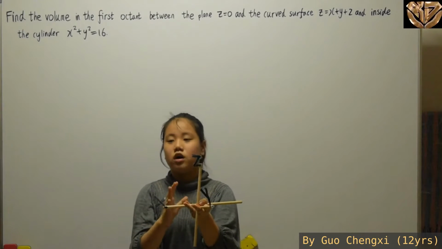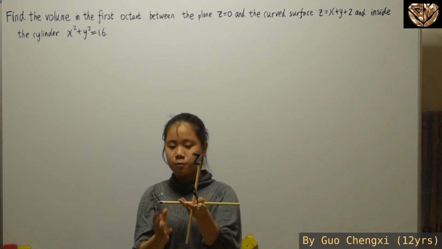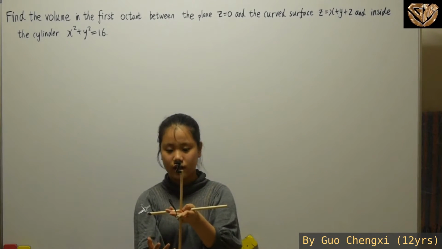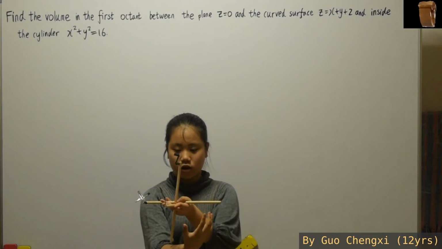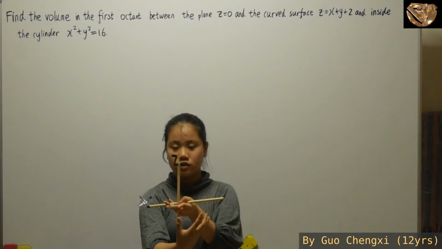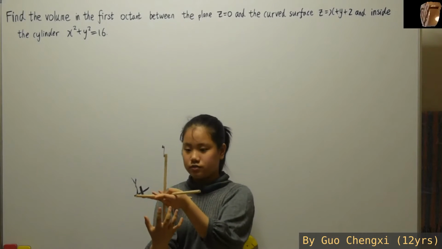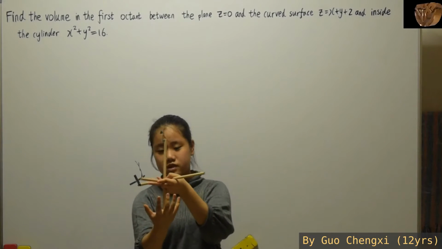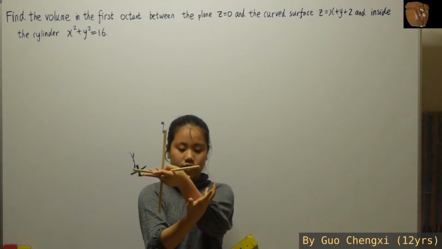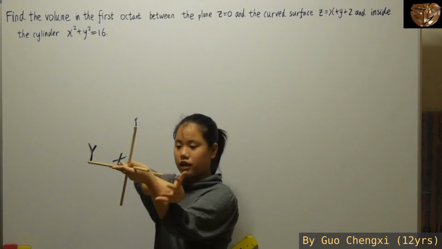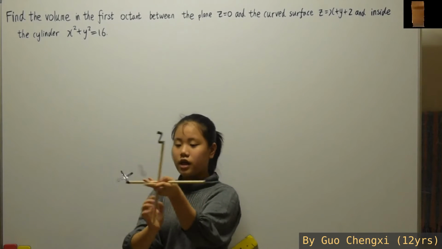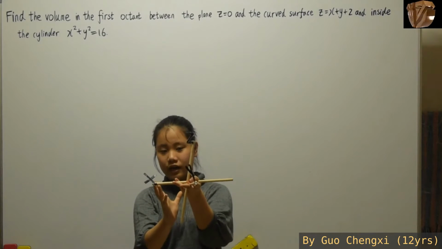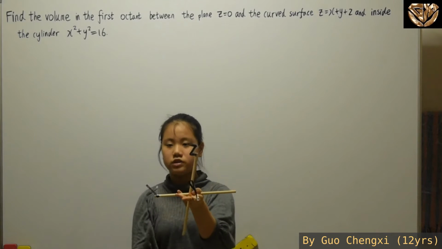The fifth octant will be positive x, positive y, and negative z. Then the sixth octant will be negative x, positive y, negative z, and then the seventh is negative x, negative y, and negative z. And last but not least, the eighth octant is positive x, negative y, and negative z.